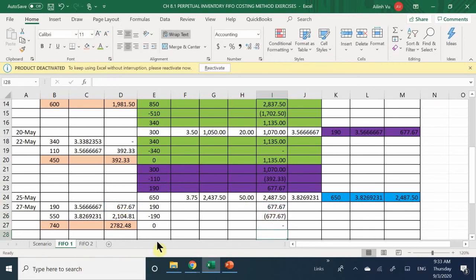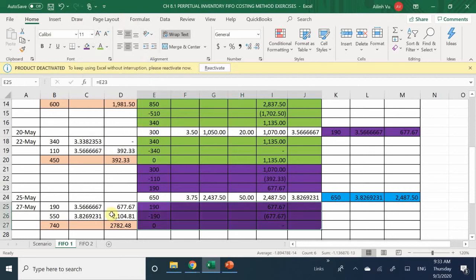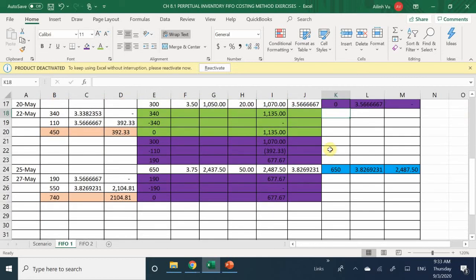And there you go. And I'm going to highlight this and indicate it as purple. Okay. So then now I can come here and zero it out completely. Boom, it's done. All right.